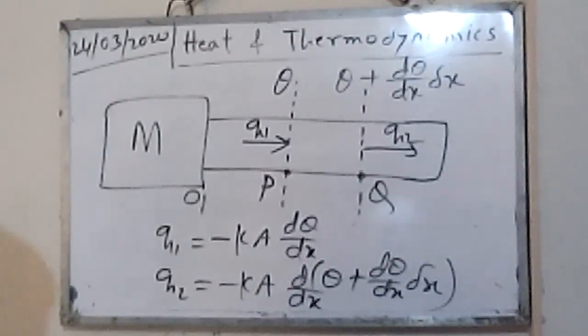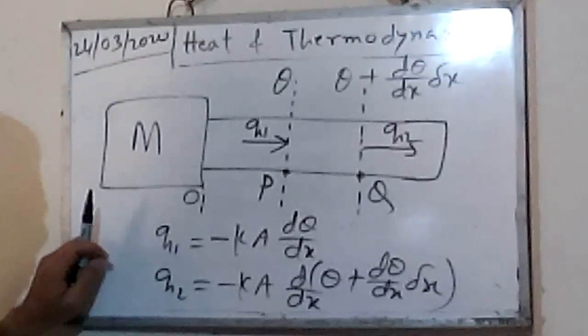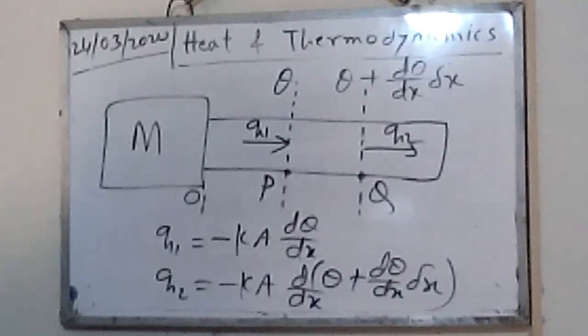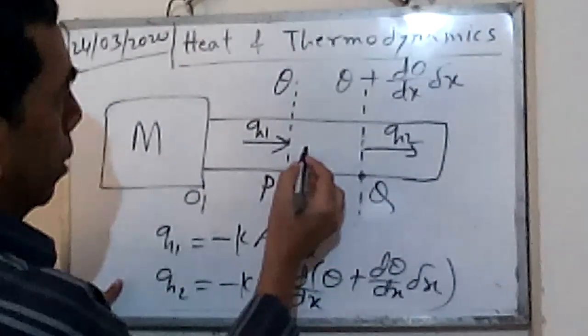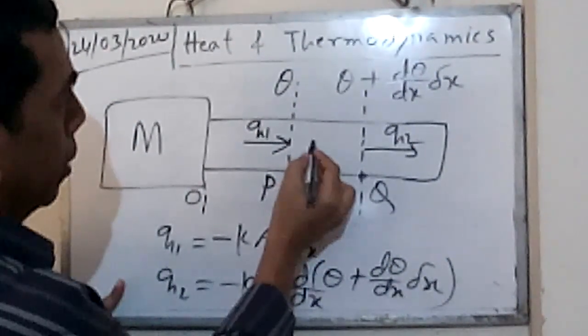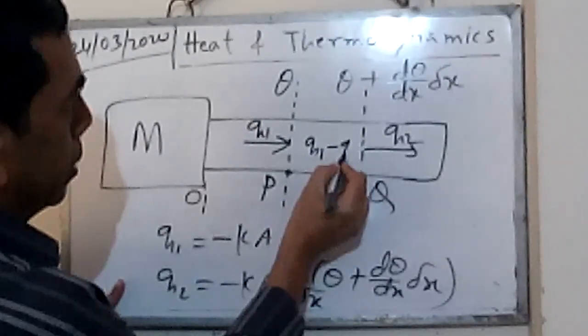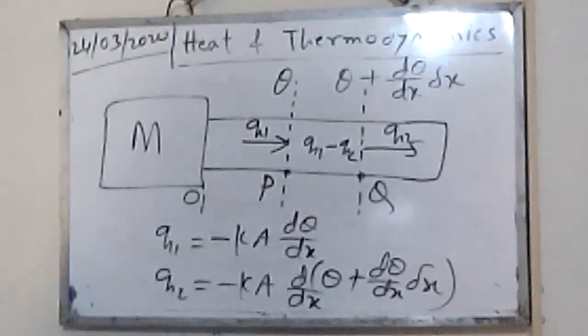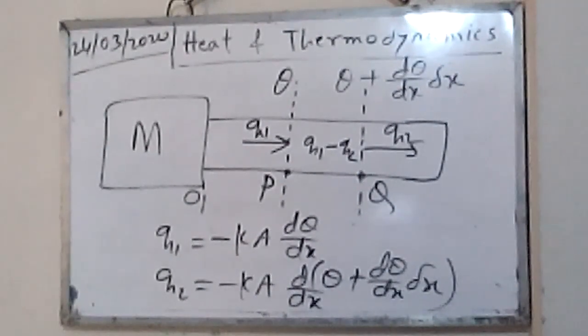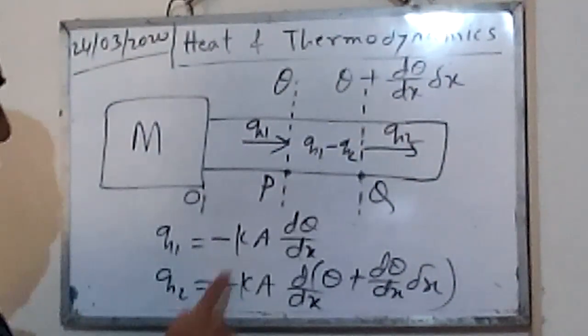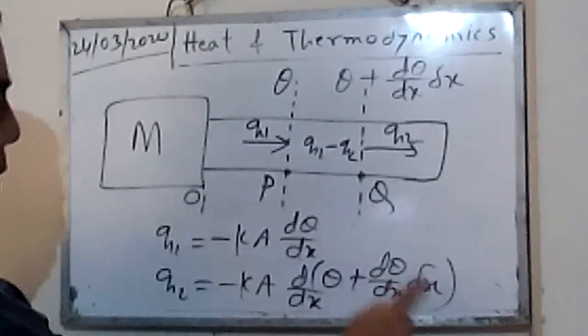How can we write this heat energy? Simply Q1 minus Q2. This is the gain of heat energy of the layer PQ section. Therefore, Q1 minus Q2, that is this one minus this one.